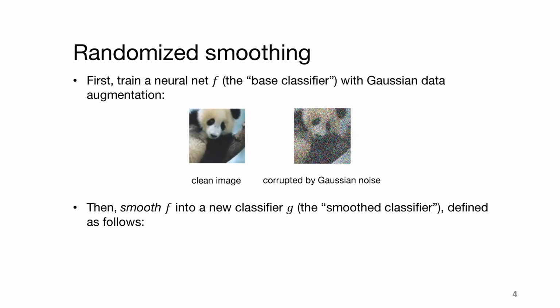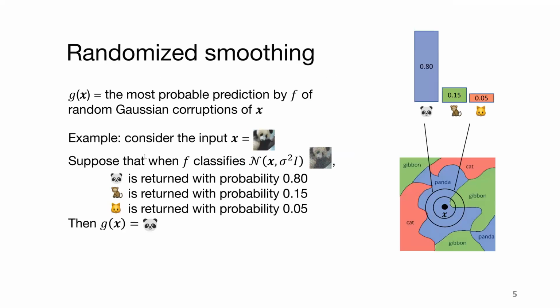So how do we do randomized smoothing? Firstly, consider we have a base classifier, and then the smoothed classifier is defined as this. Because we add noise to the input images, the output varies.